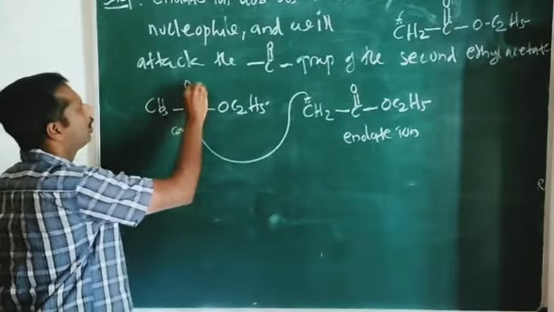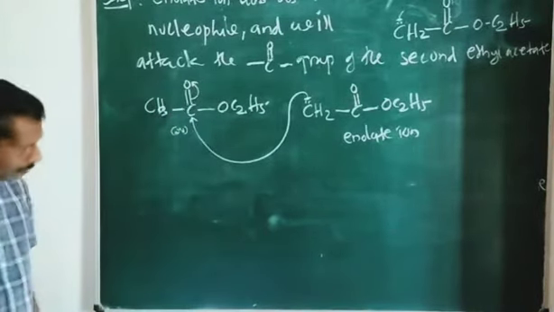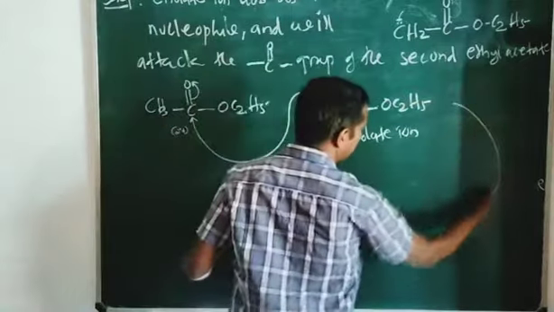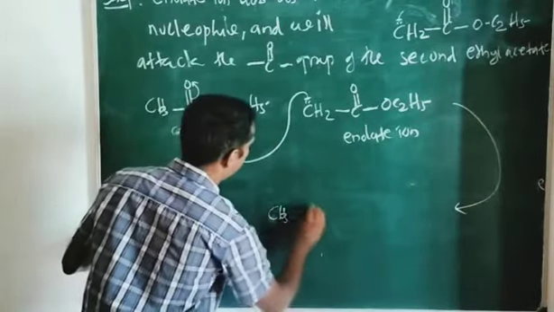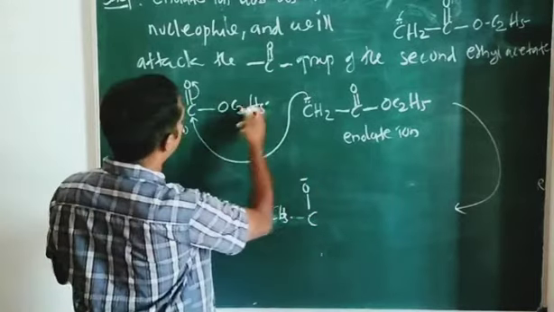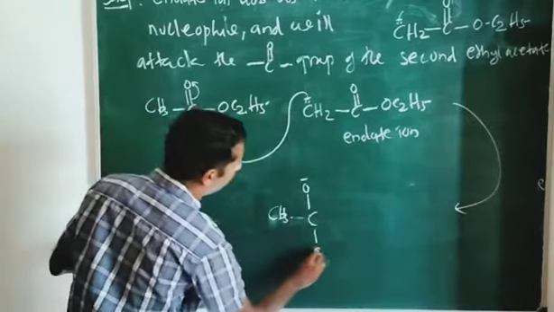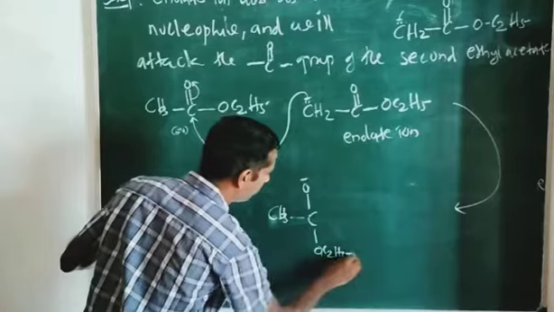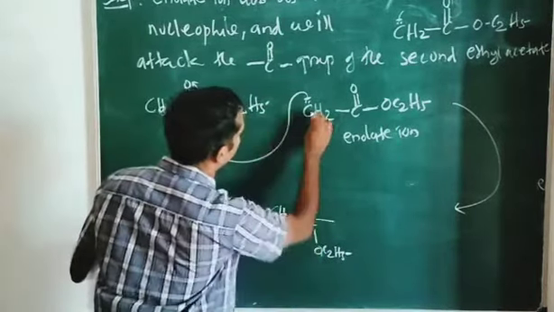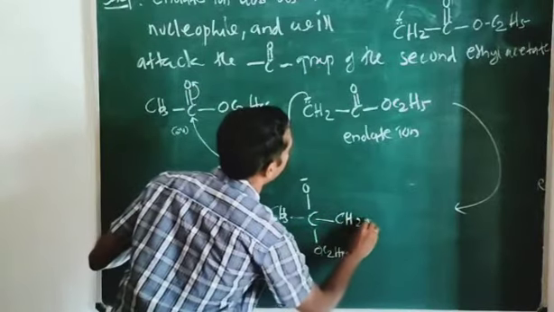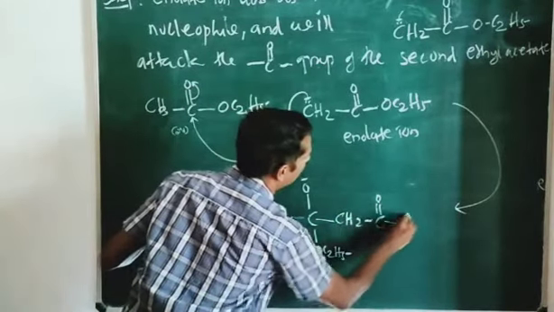So this will be shifted to here, and we get a structure like this. What is forming? CH3 CO minus, and I am writing this OC2H5 down, and this attacking group I am writing here, then CH2 C double bond O C2H5.